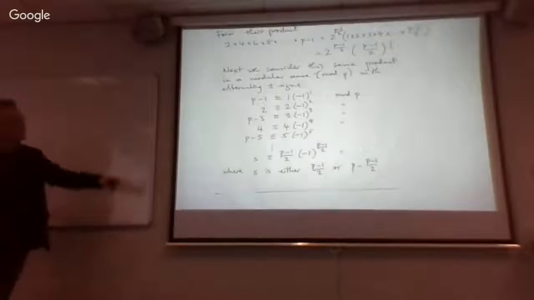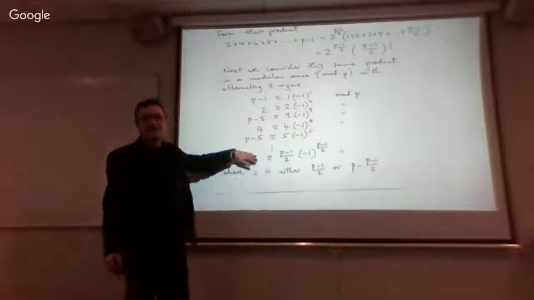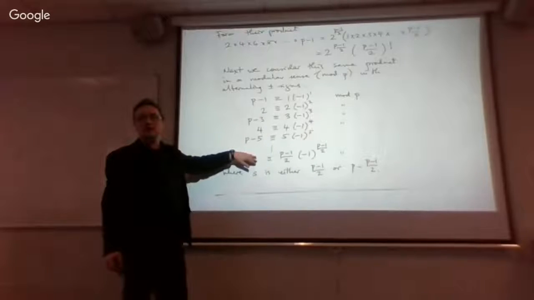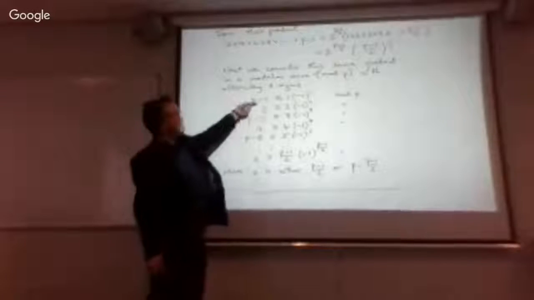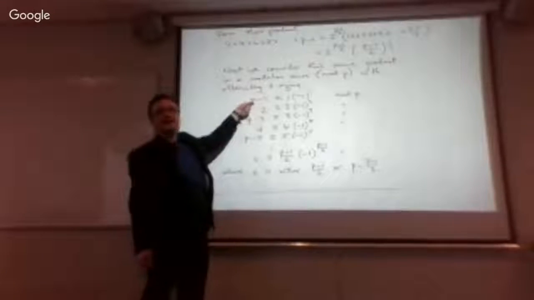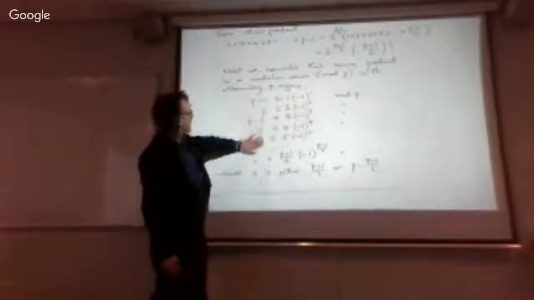But we will agree that what I have down here on the left-hand side is all the even congruence classes. Okay, so I've got the congruence classes of 2, 4, 6, 8, and so on, p minus 5, p minus 3, p minus 1. P minus 1 is the last even congruence class modulo p. So I have got them all there.